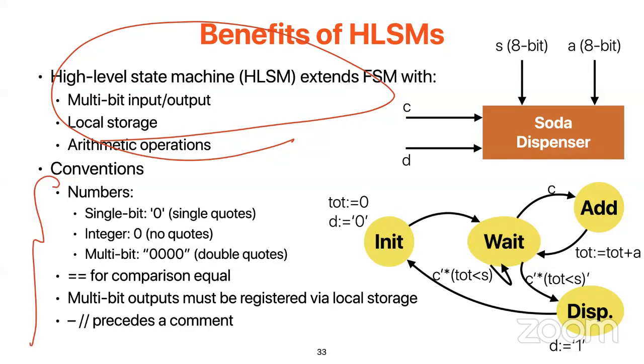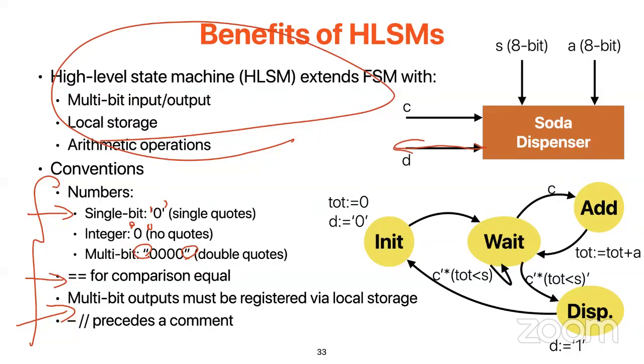If we want to represent a single-bit number, you use a single quote, and if you want to represent a multi-bit number, you use a double quote. You can also use no quote to represent an integer. If you want to say this is equal to something, you use a double equal, and if you have a multi-bit output, it goes through the local storage. So that's the high-level state machine representation.